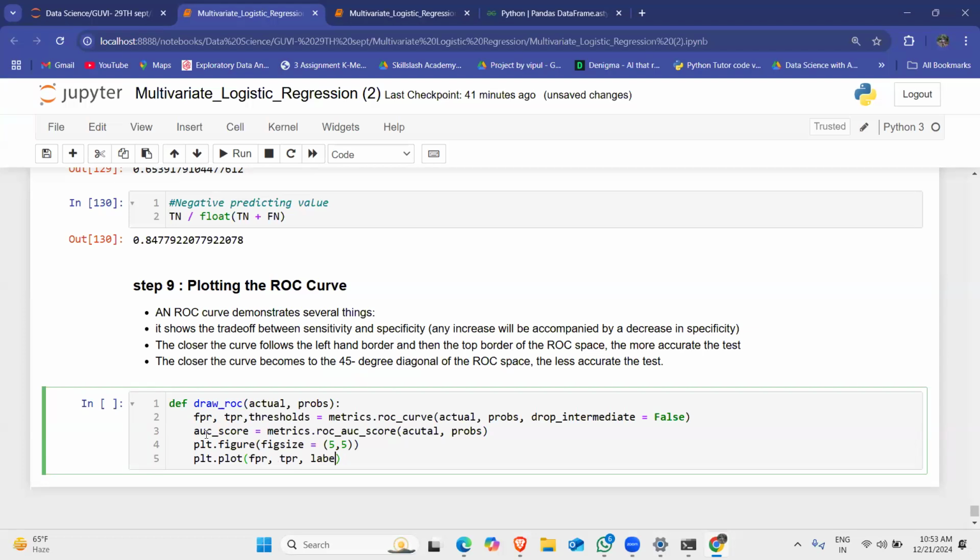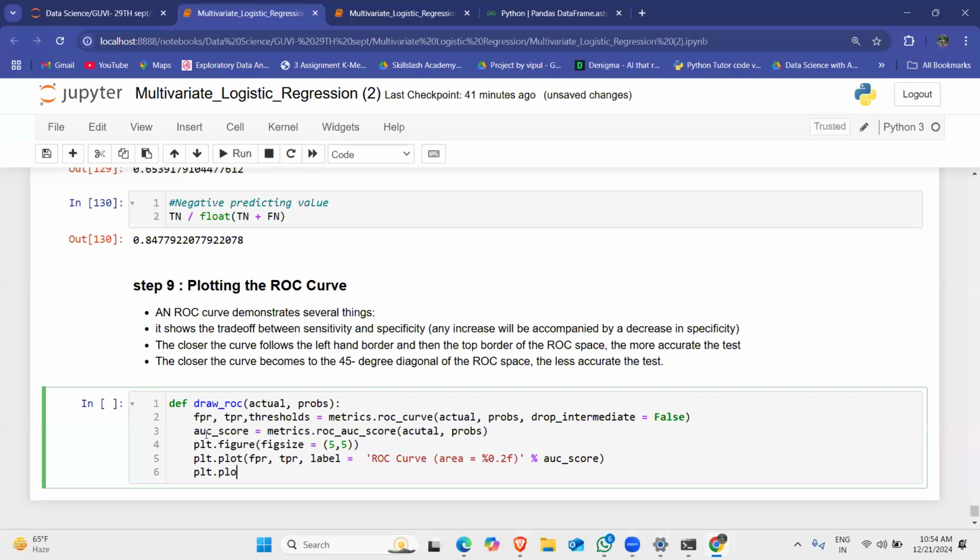Label of this plot is ROC curve, ROC curve area is equal to percentage 0.2f, percentage AUC underscore score. plt dot plot 0, 1, 0, 1, comma, k dash dash.